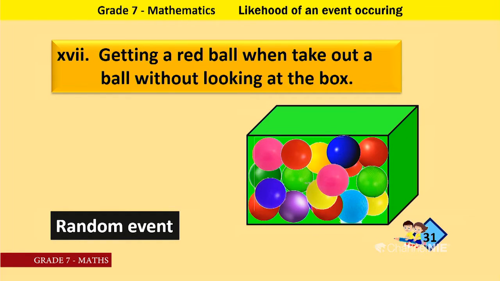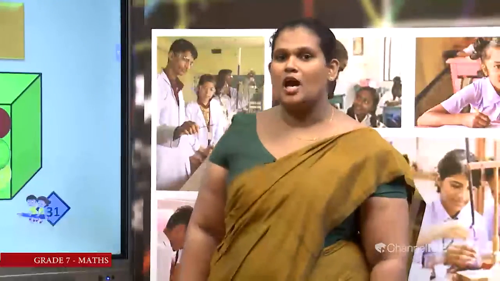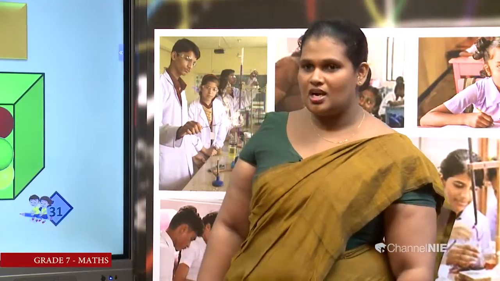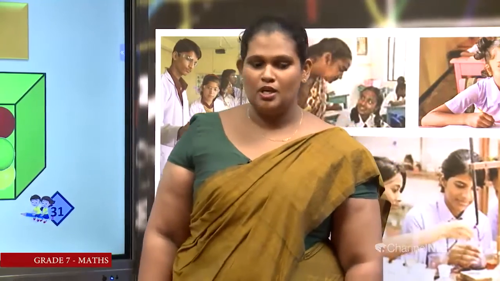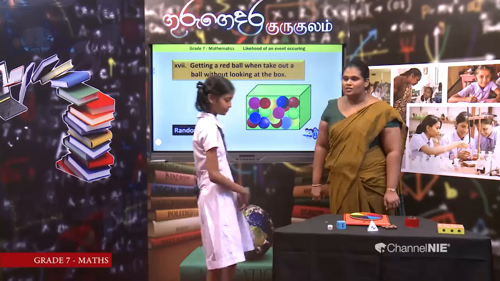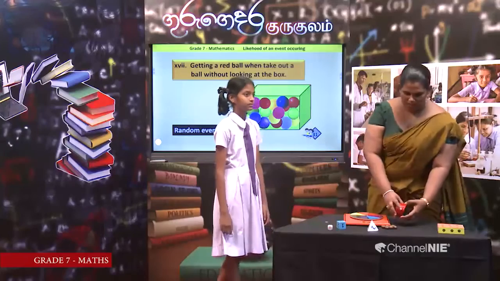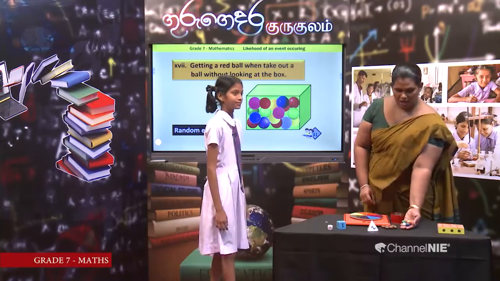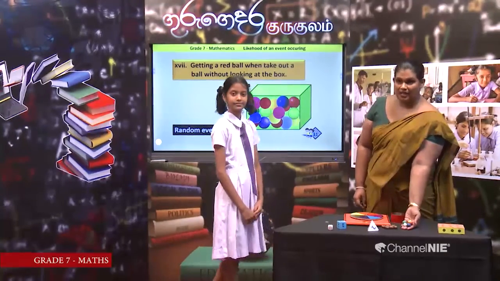So, we are going to do it as an experiment now. So, I am inviting Shenara once again to our classroom to help me with this experiment. Now, here I am having few beads.